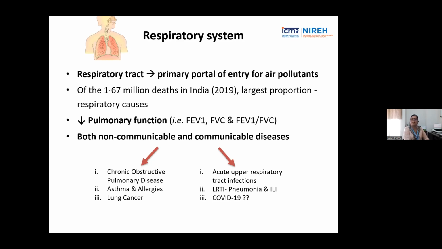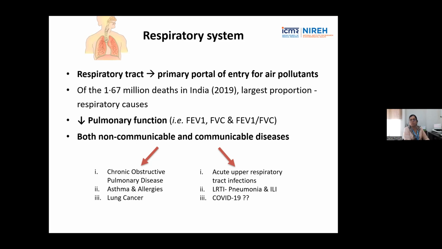For example, one of the areas that I was working on was crop residue burning. It has been reported that exposure during the burning season in North India, Punjab, Haryana, can lead to a decrease in these pulmonary function parameters and spirometric parameters. And the decrease has been found to be sustained even after cessation of burning.